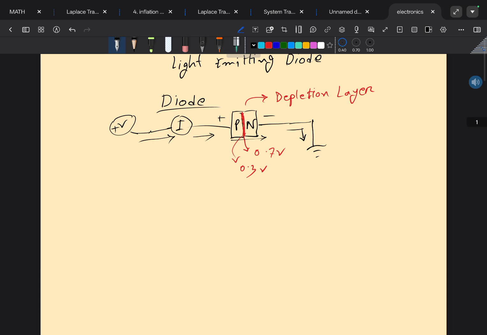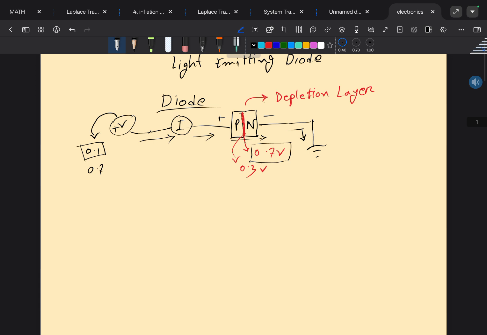Here we said the voltage source is variable. If we start from 0.1 volt, even though we have a voltage here and might think that current should flow, if we are using a silicon diode, before reaching 0.7 volt we will not see any current flow, because the voltage barrier cannot be broken without the 0.7 volt minimum.